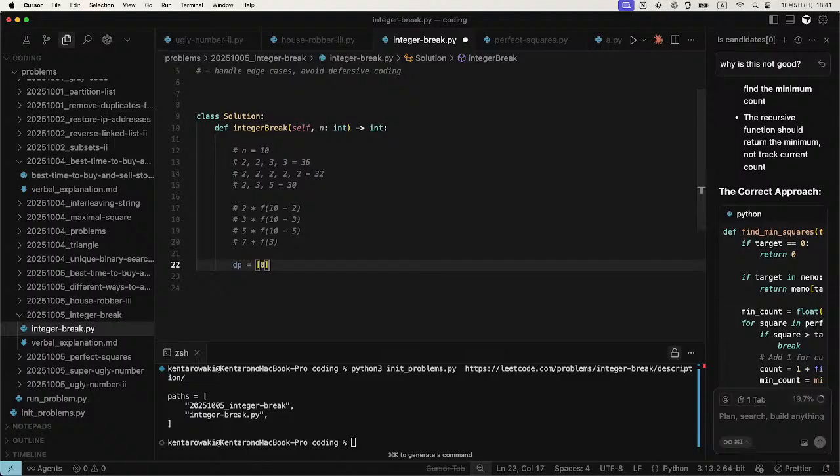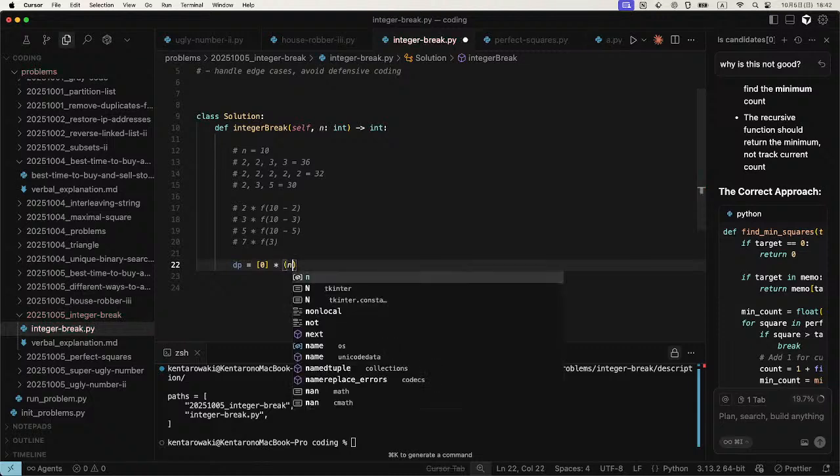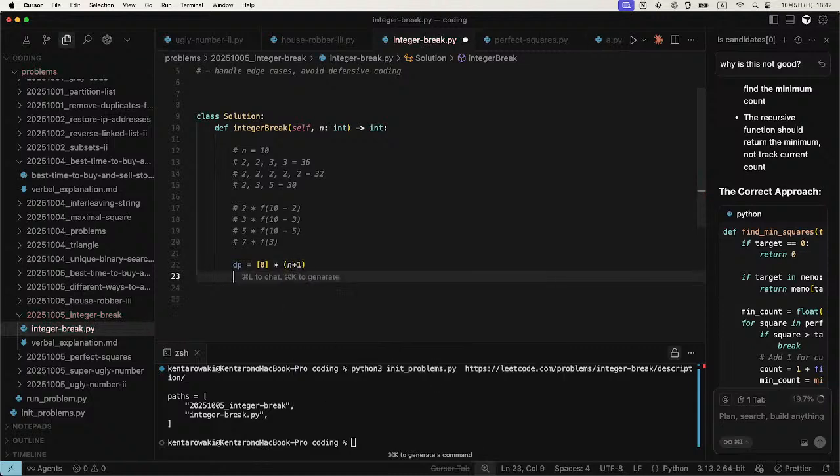So we initialize this array with zeros, of size n plus 1, dp0, dp1.